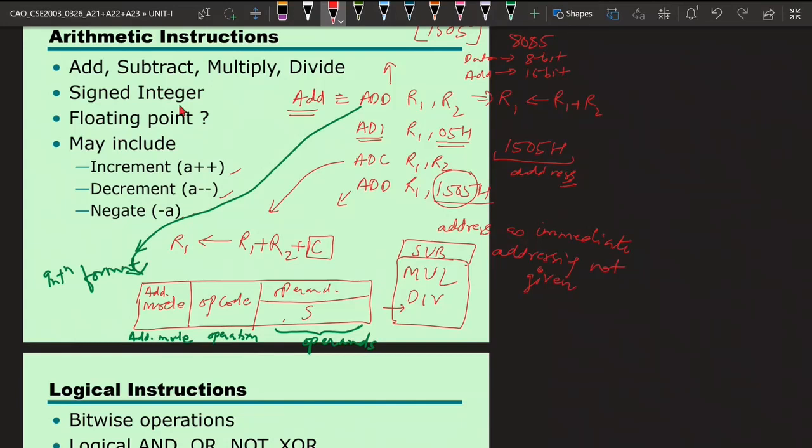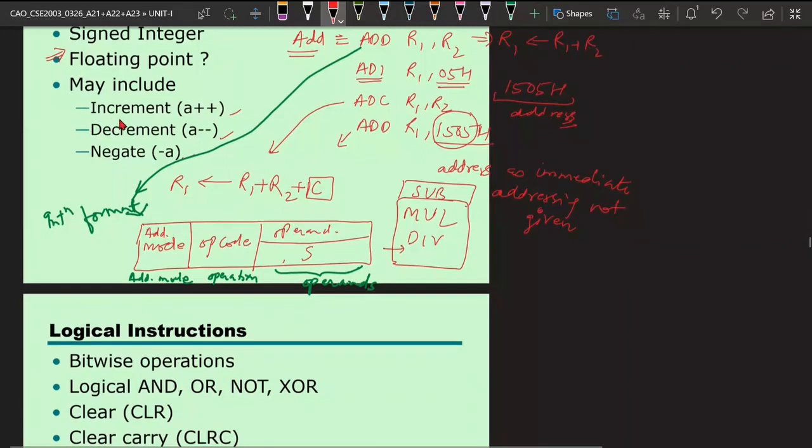We will see floating point numbers in the second unit; it is all about floating point representation and how we represent it. Based on the data type, either signed integers or floating point numbers, the add and subtract operations take place.